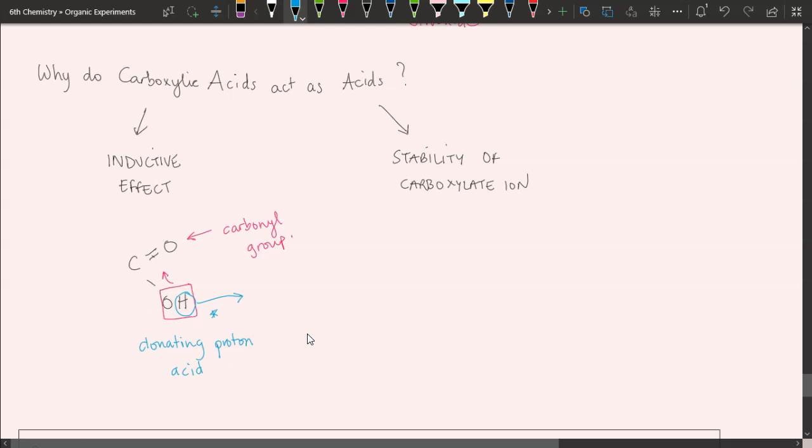The second part is the stability of the carboxylate ion. The carboxylate ion is C double bond O, and then an O with a minus. When the H leaves, it forms this, your carboxylate ion.